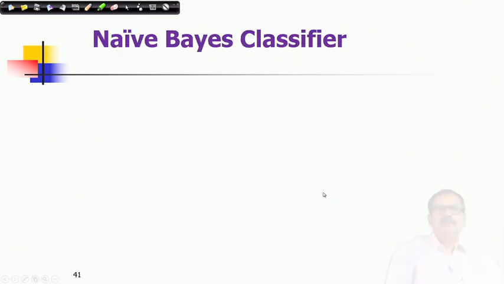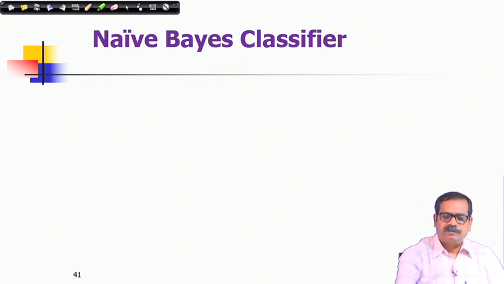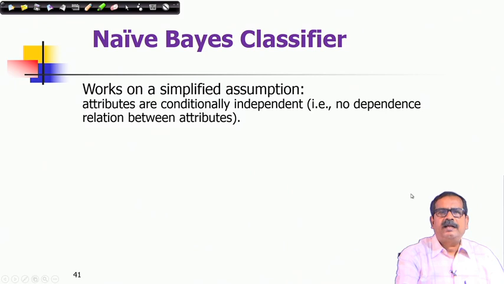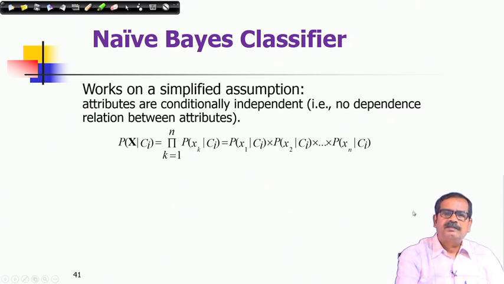So, now we will be discussing the naive Bayes classifier. It works on a simplified assumption where attributes are conditionally independent, which means that there is no dependence relation between attributes, and if that is true, then you can write the likelihood of x given a class C I as the product of all likelihood probabilities of individual attributes, because attributes are independent. So, that is the advantage, you can simply compute this probability.